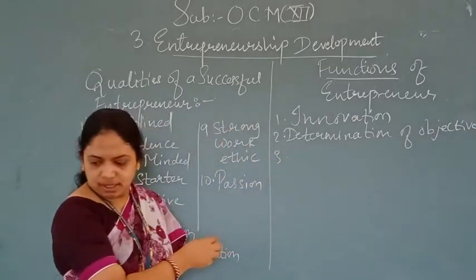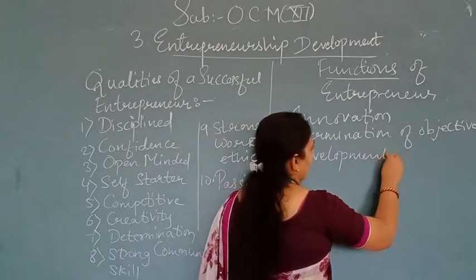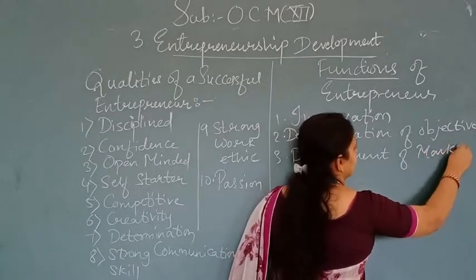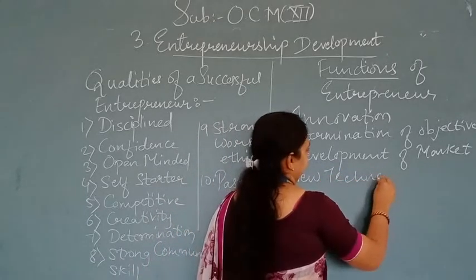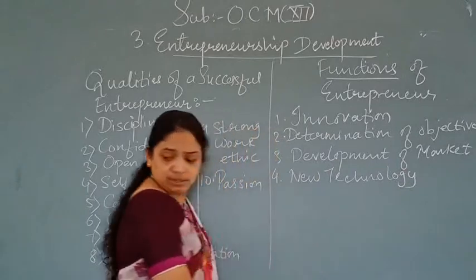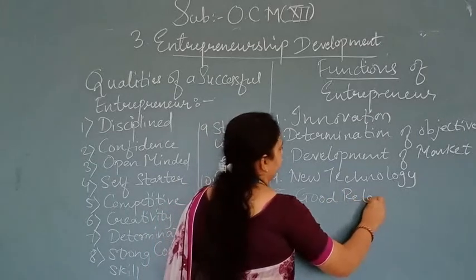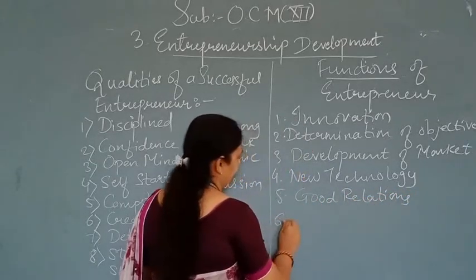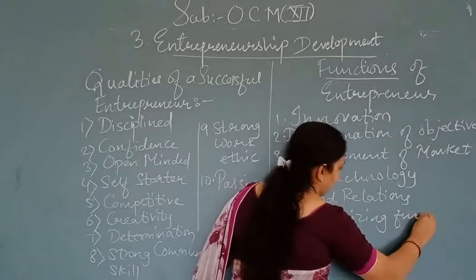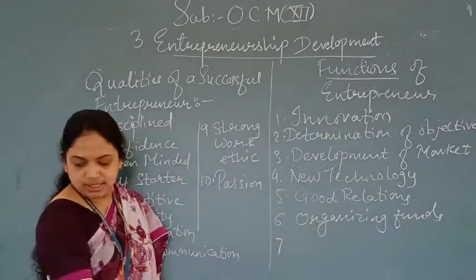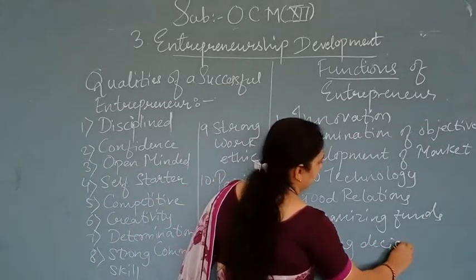Number 3 is development of market. Number 4 is new technology. Number 5 is good relation. Number 6 is organizing funds. And number 7, the last function, is taking decisions. These seven functions are there for an entrepreneur.